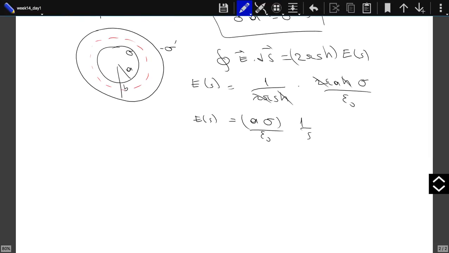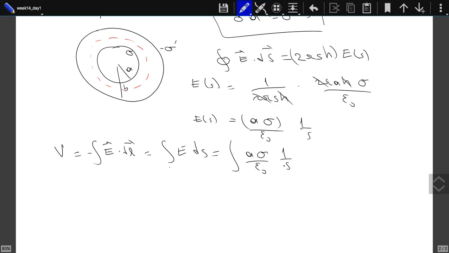So the potential difference that we apply, which is minus the integral of E dot dl, is equal to the integral, if I just assume a radial line going from the inner to the outer cylinder, so this will be just E dot dS from A to B, or this will be equal to A sigma over epsilon 0, the integral of 1 over S dS from A to B, A sigma over epsilon 0, logarithm of B over A. This is the potential difference.